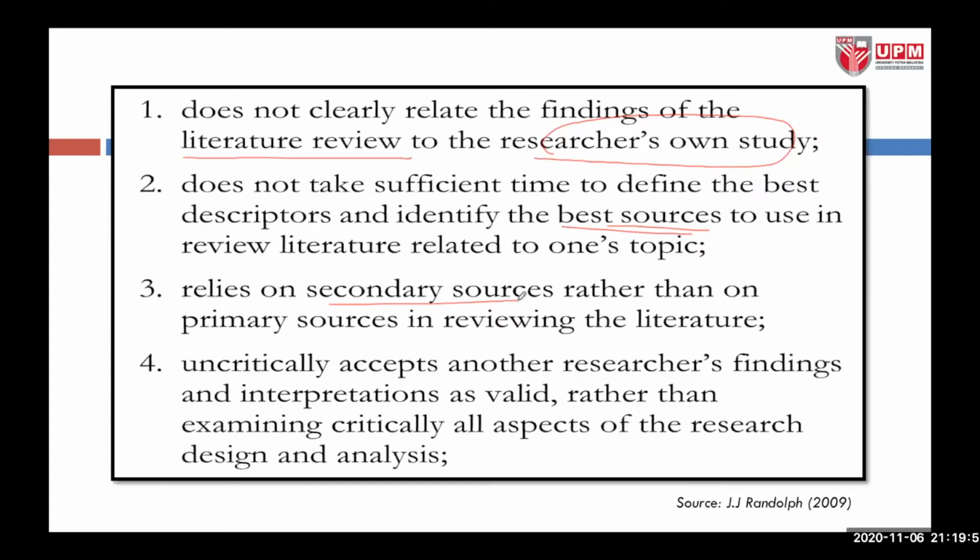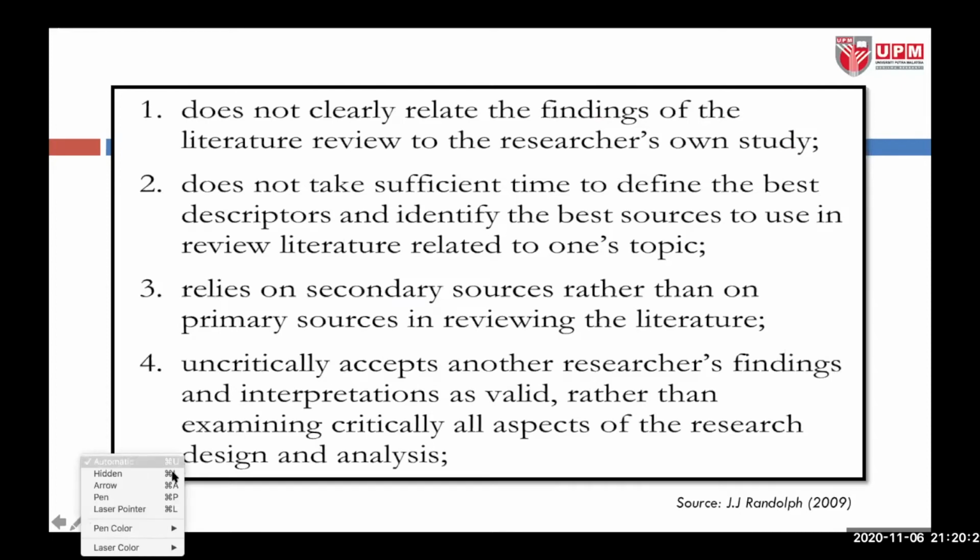You need to find the primary sources, the original paper that is reported or cited in the review paper. That would be the best, because sometimes a literature review author misreviews or misrecommends some ideas. And the next mistake is to uncritically accept another researcher's findings and interpretation as valid. So please do not do that.